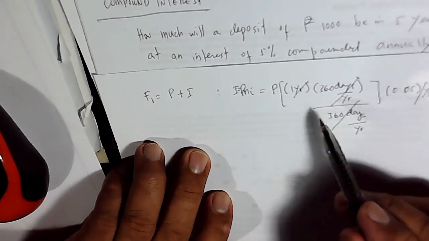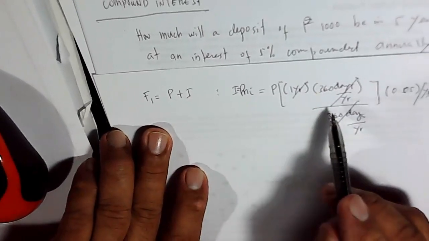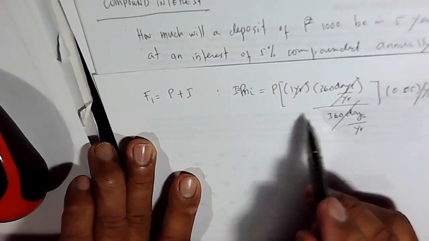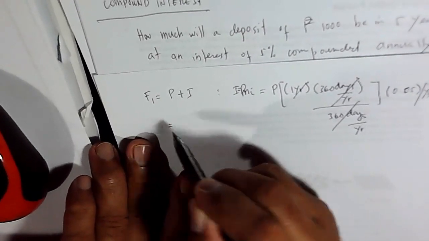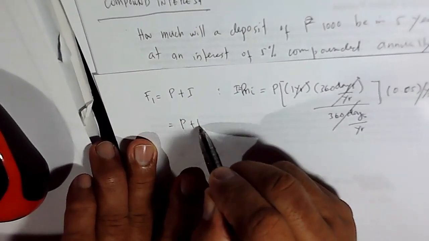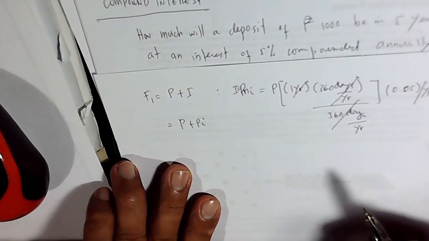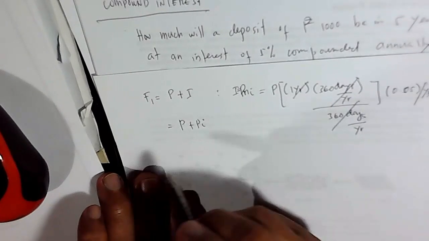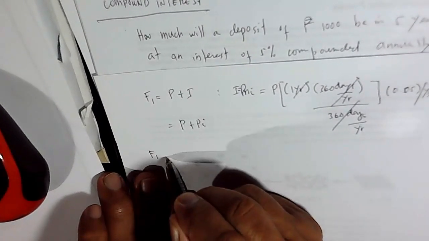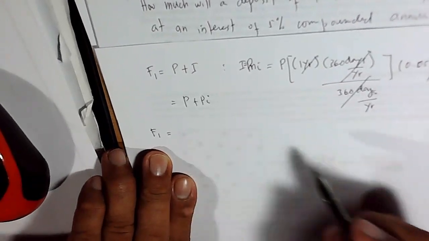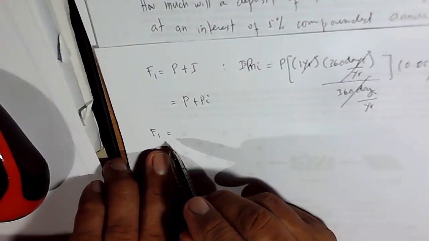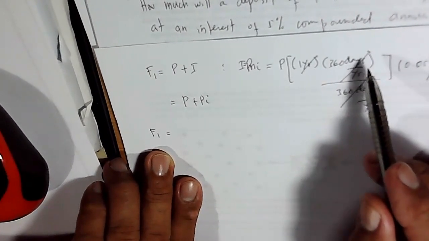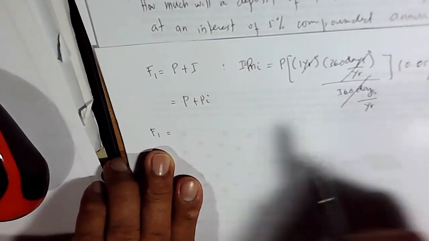So since it is yearly basis, then we are going to simplify the equation to P plus PI. Okay, for the first year, we need to determine the accumulated amount after 1 year using this equation already, since we cancel 360 and 360.